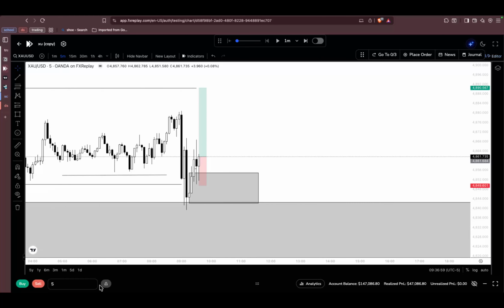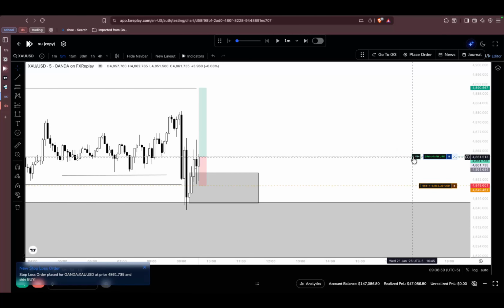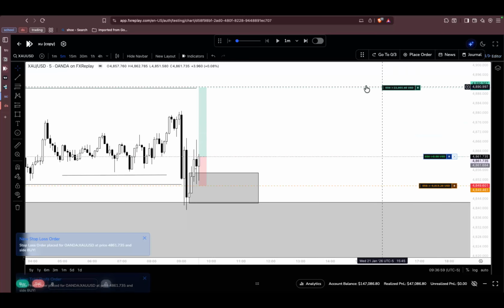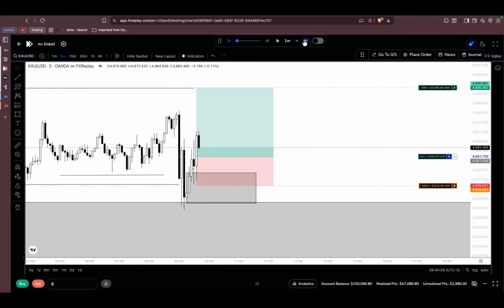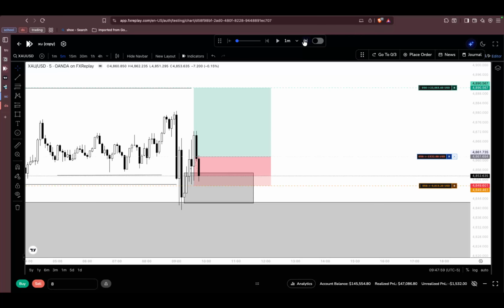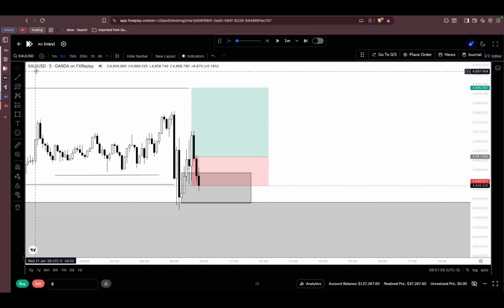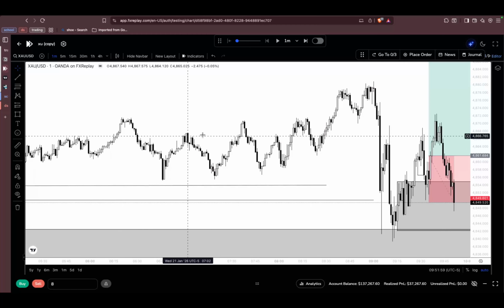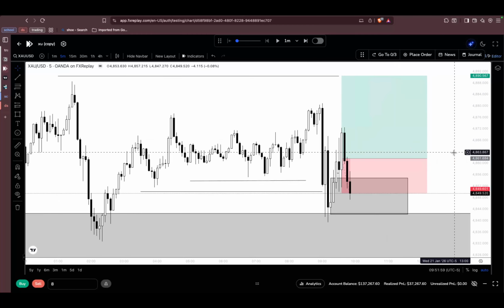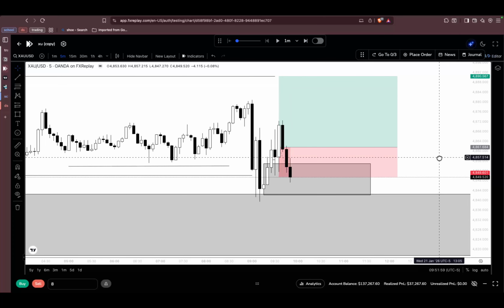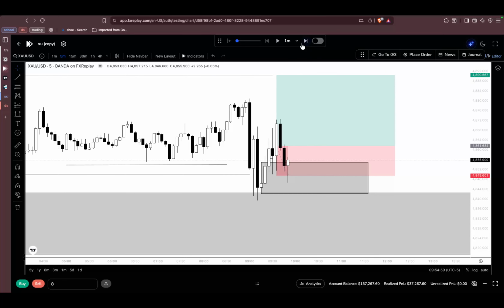And enter for a buy. Increase all that. Good. All right. Price moves. Okay, so we got stopped out here. See price sweep this liquidity and just slam down. So let's see what price does.